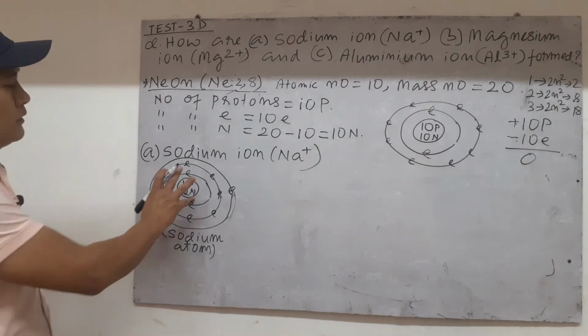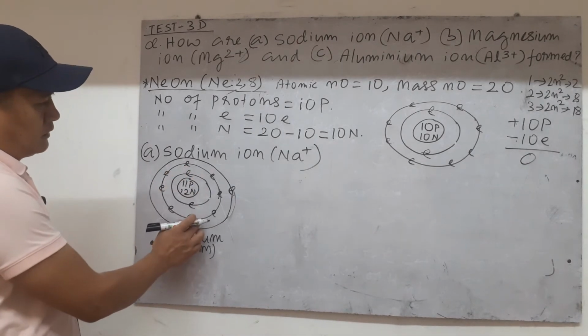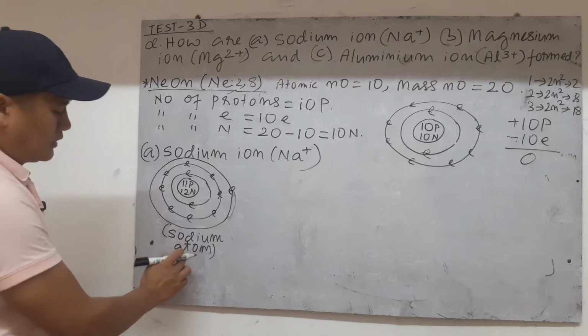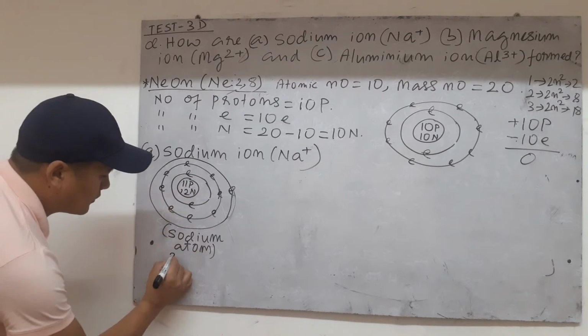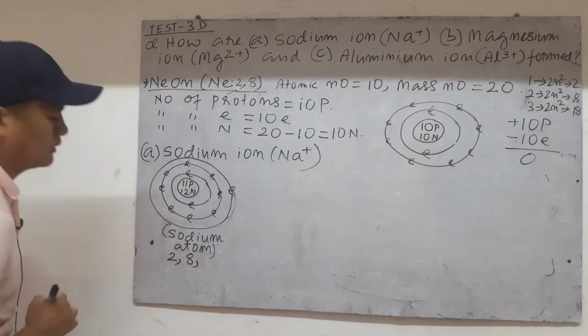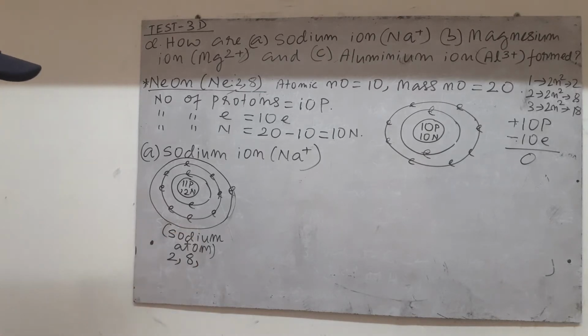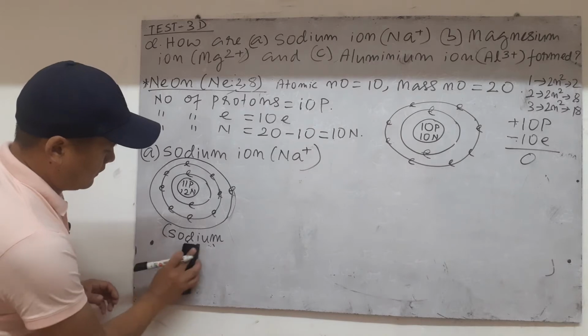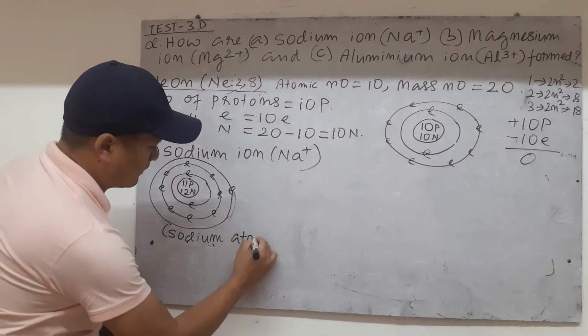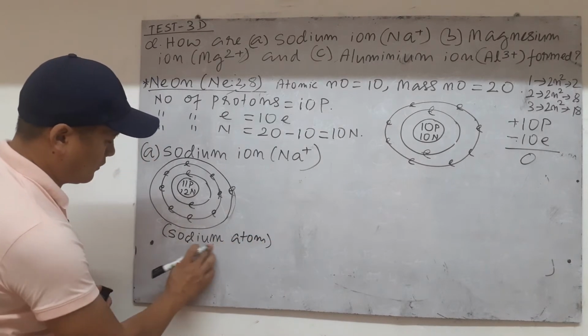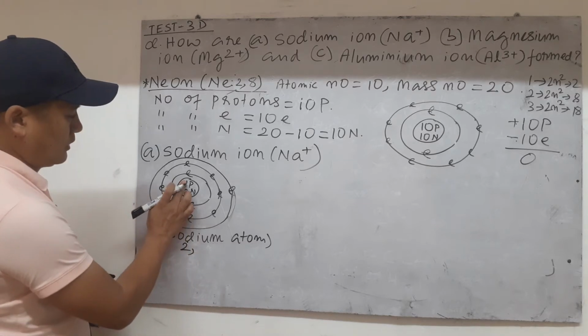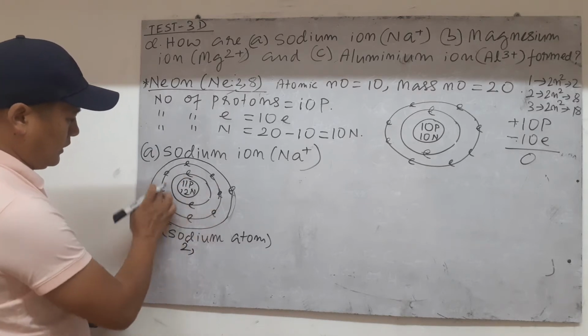So sodium is not perfect. Sodium atom configuration is here. See, 2 electrons in the first shell, 8 in the second shell, and then what happens? Okay, let me just draw it here. Sodium atom. So here sodium atom has 2 in the first shell, as you can see, and plus here 8 electrons.